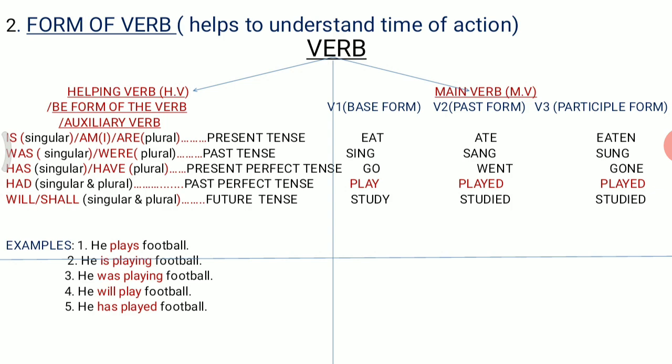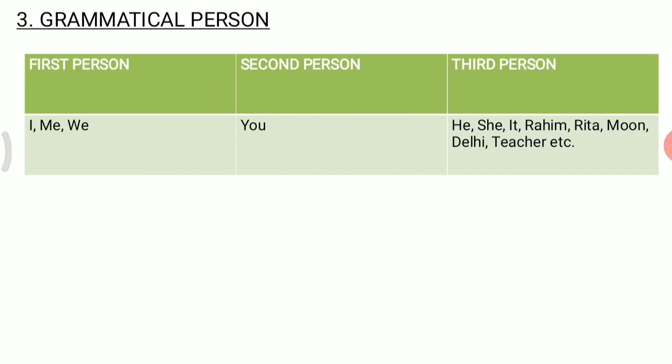Now, the third thing which we need to know in grammar is grammatical person. Yes, when we talk about grammatical person, we have three types of person: first person, second person, and third person. So first person includes I, me, and we. Fine. And the second person includes you.